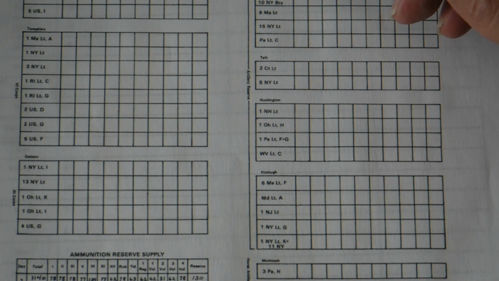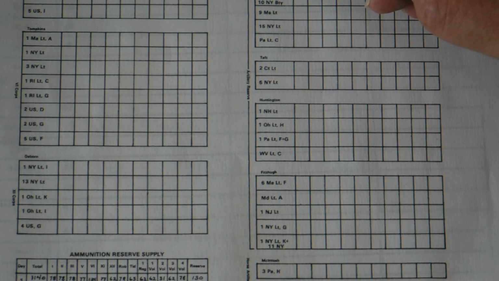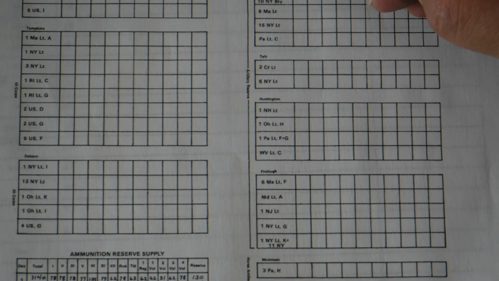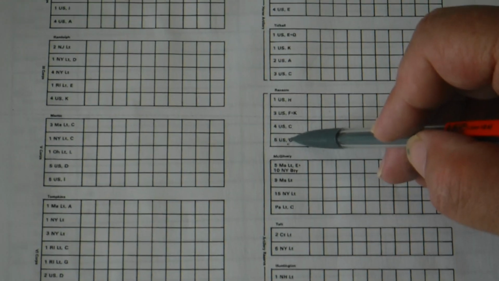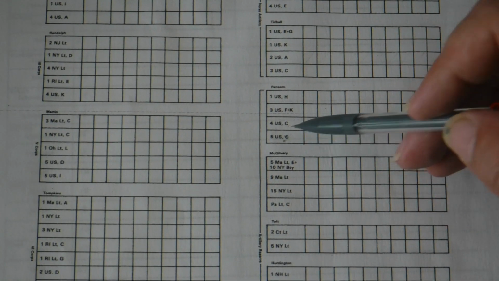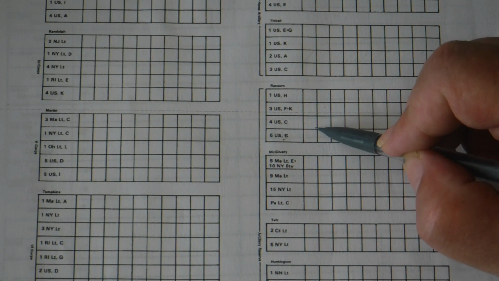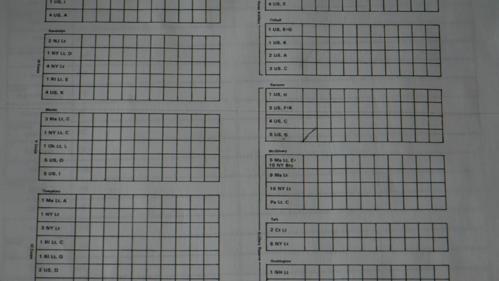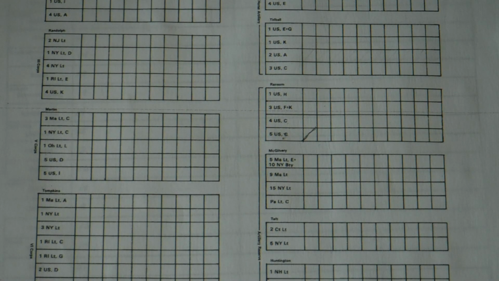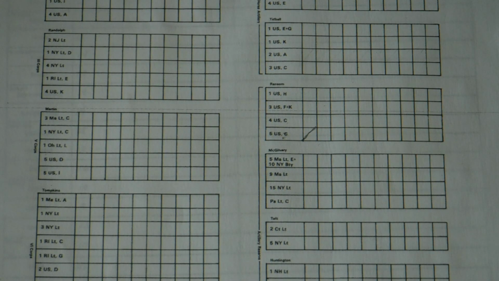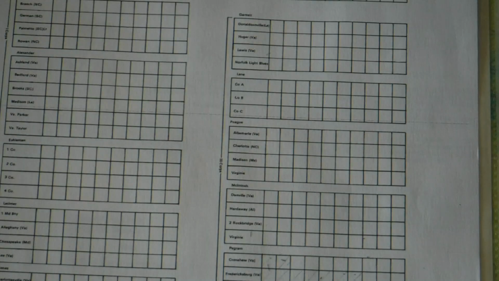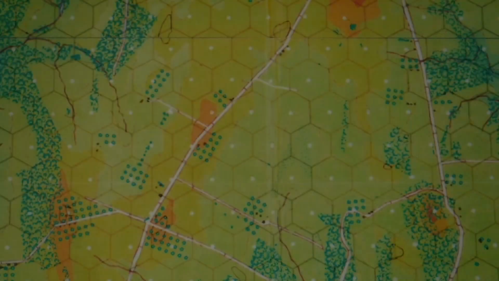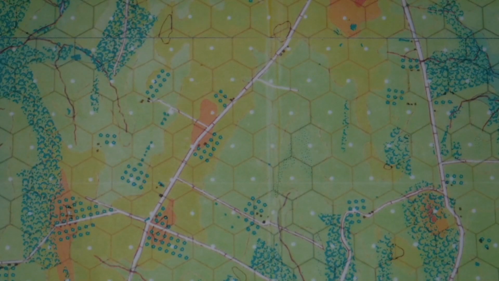The 5th U.S. C battery is right there. It fired once, so I mark off 1 ammunition box. And that concludes battery versus battery. There's really not much to it. That's it.